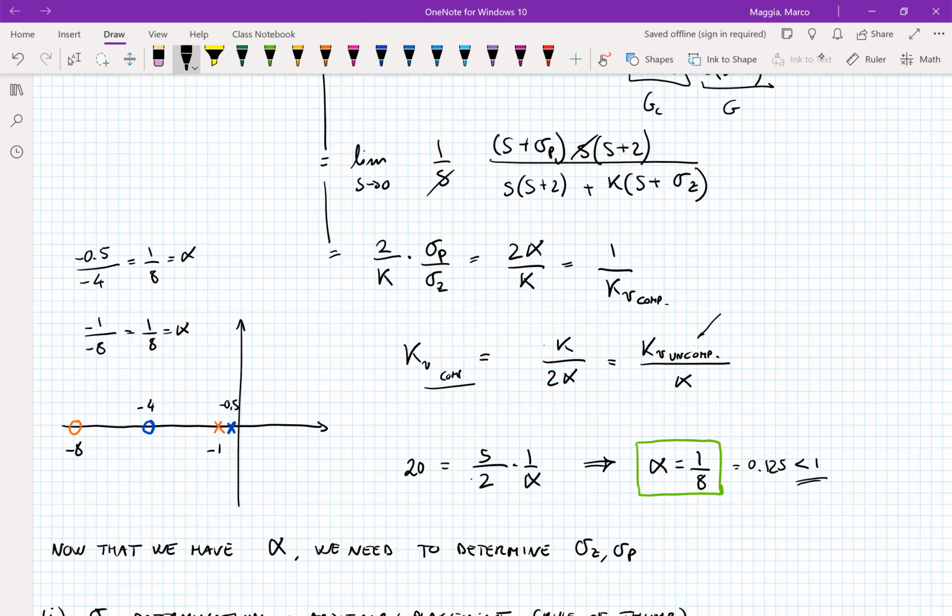So now we have to make an arbitrary choice. If you remember what I said last time, when we're dealing with lag compensators, we want both the zero and the pole to be quite close to the imaginary axis. And that is because if we do so, the overall angle that we are introducing with the lag compensator is going to be very, very small.